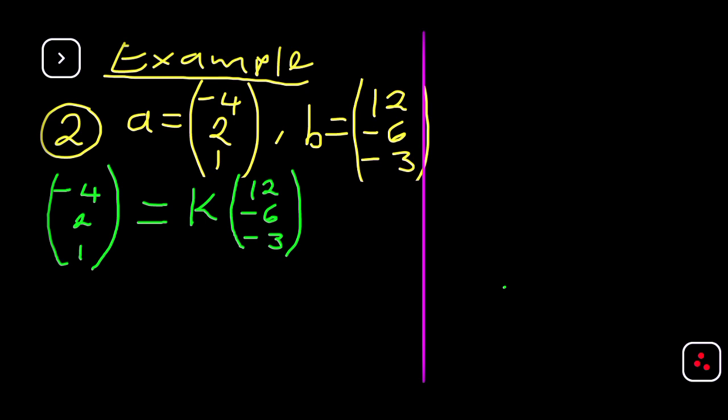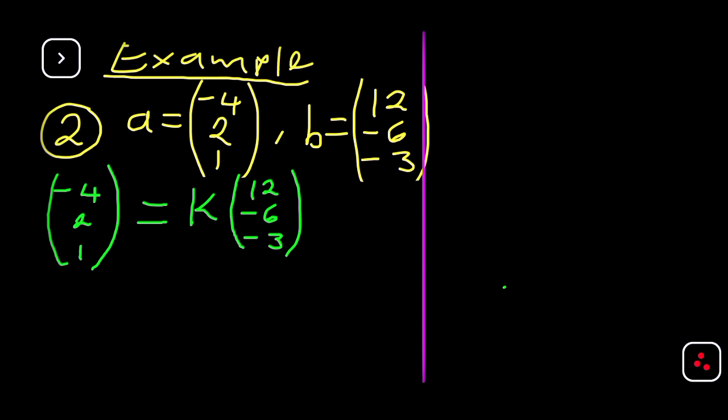As well, if you take -3 divided by 1, the value of k will also be -3. Now, if we do this the other way, the value of k will be -1/3, but either of them is good with us.